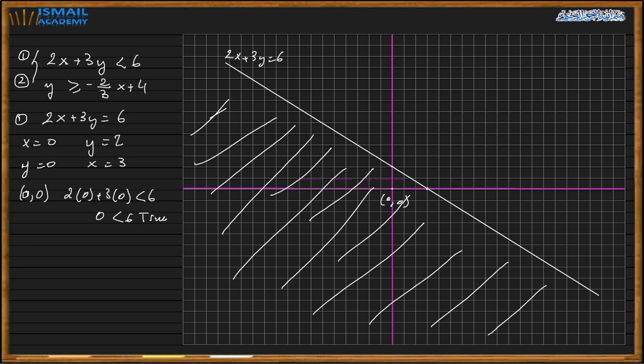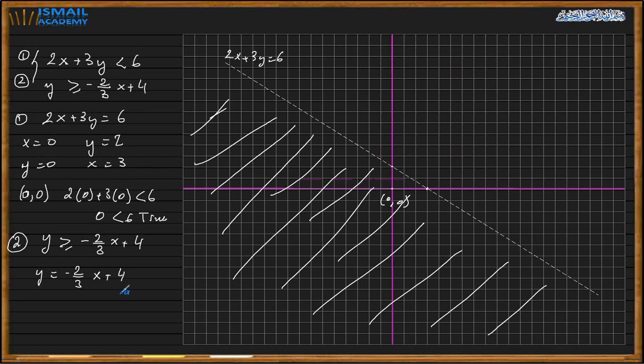There we go. Now let's pick the second one: y equals minus 2/3 x plus 4.